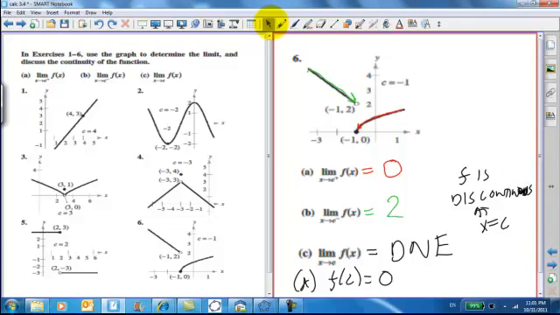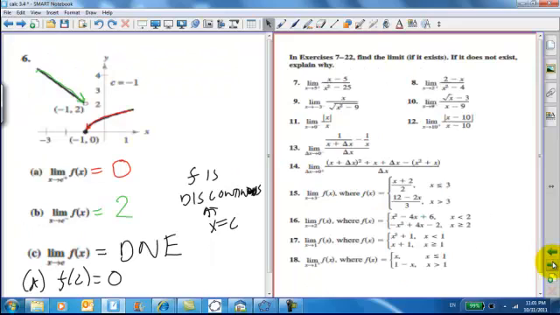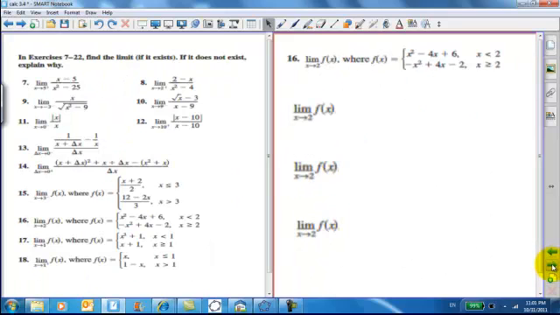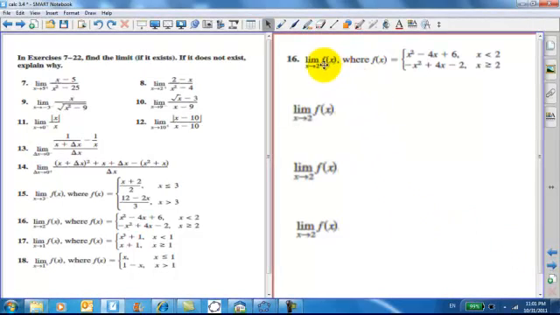Okay, let's try some more. Here, I pulled 16 out of here. The limit as x goes to 2 of f of x, where f of x equals, in this piecewise function here. So, let's look at the different parts.